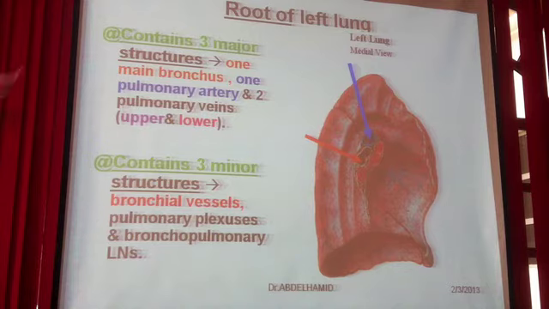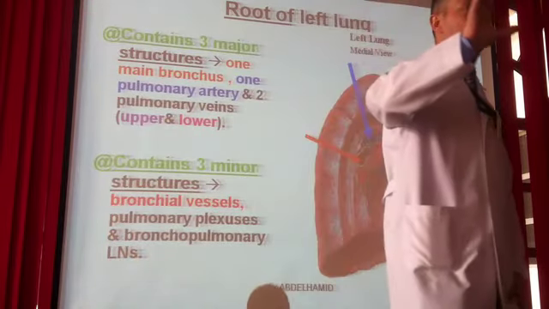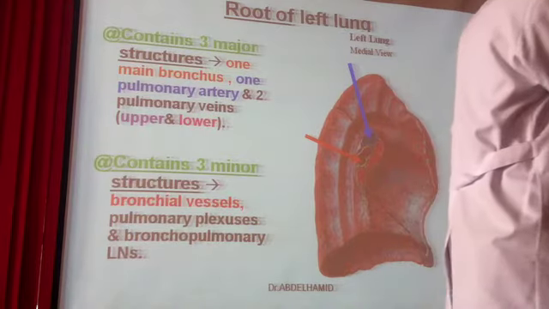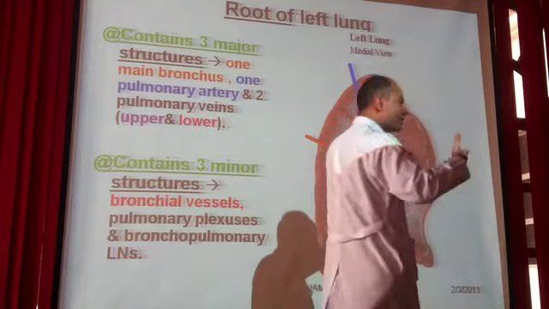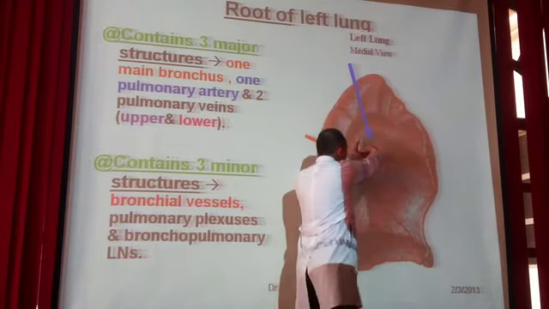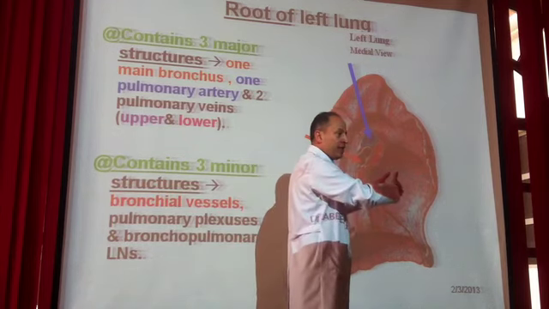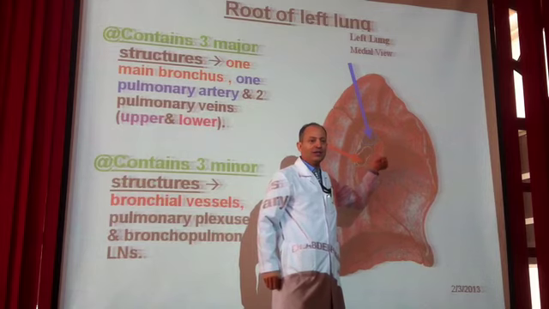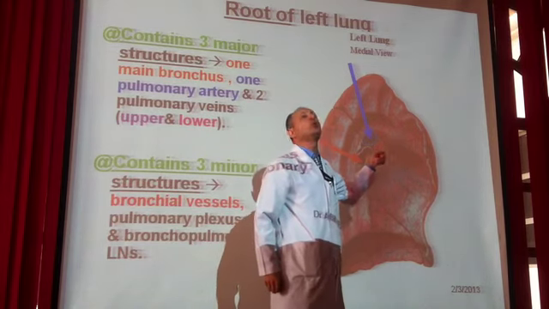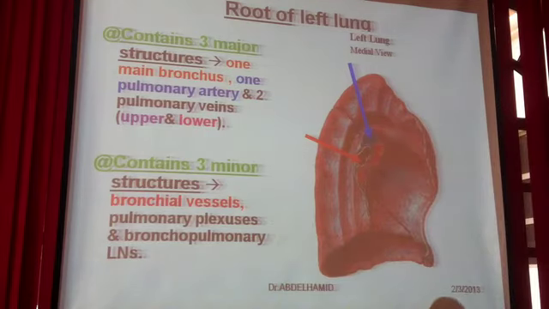So, the last point I will inform you about. The area is named the hilum. But imagine that you take these tubes in and out, and you catch them away from the hilum. They are named what? The root of the lung. So you should discriminate between two descriptions.